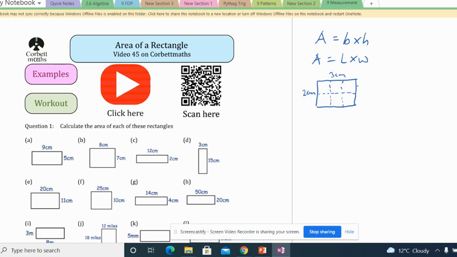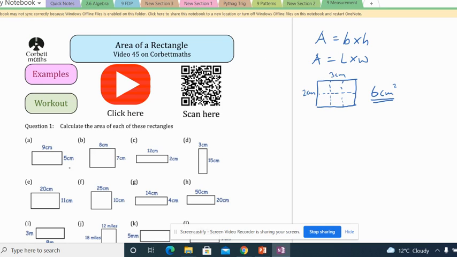So we have a total of 6 little 1 centimeter by 1 centimeter squares, and this would be the area here. And if we use the formulas, base times height, 3 times 2, or length times width, that gives us 6. That's a very basic idea of what's actually happening, which hopefully we're familiar with.